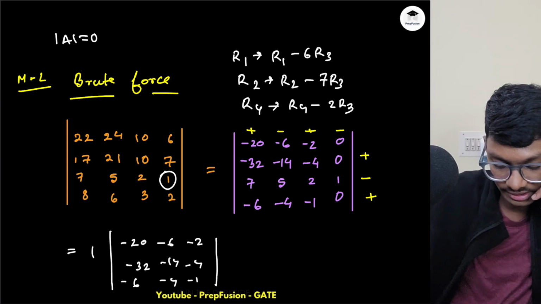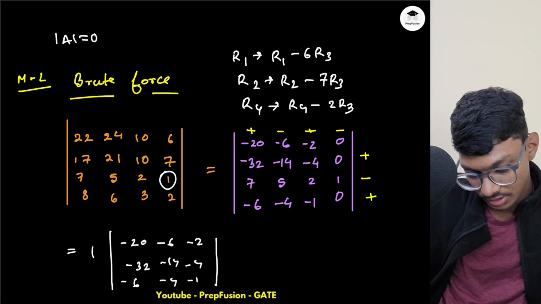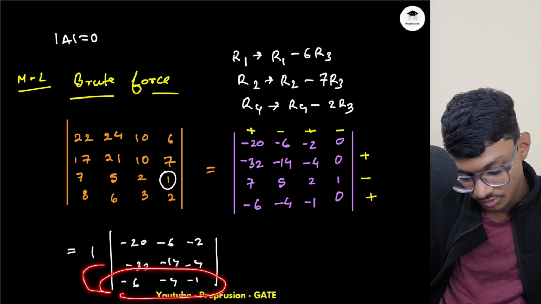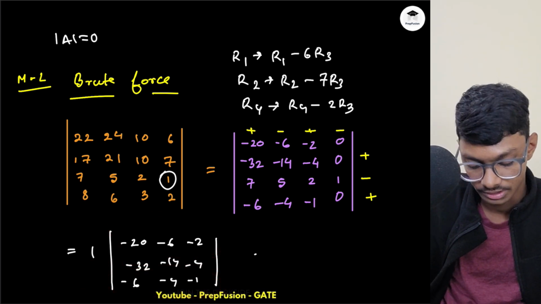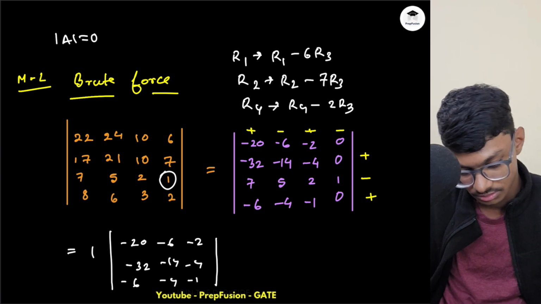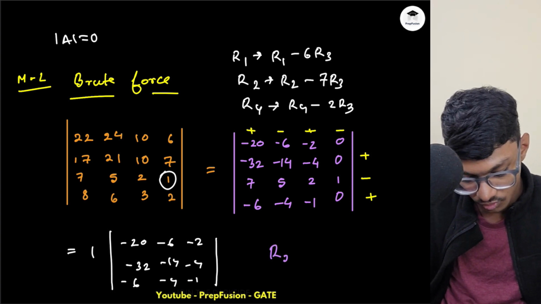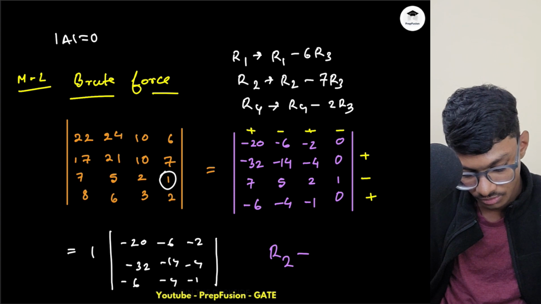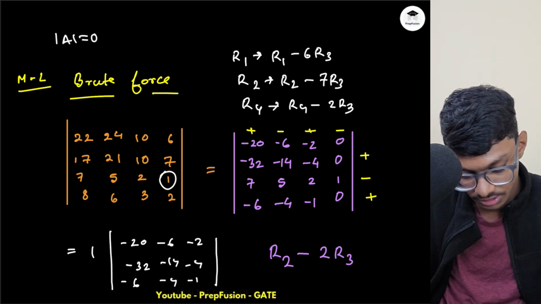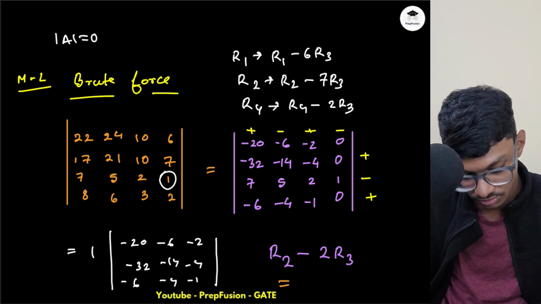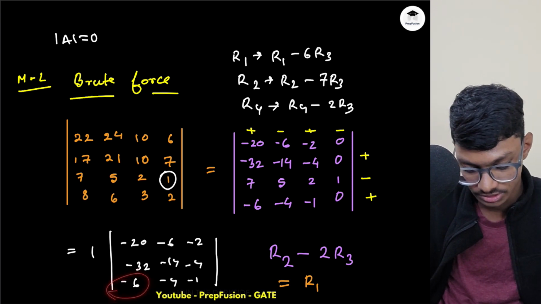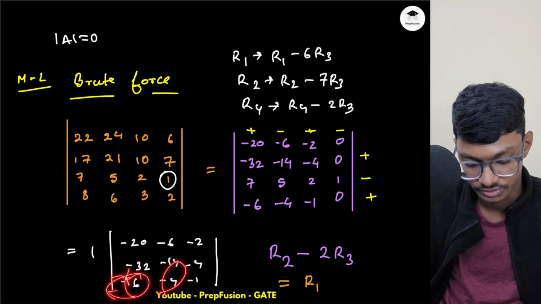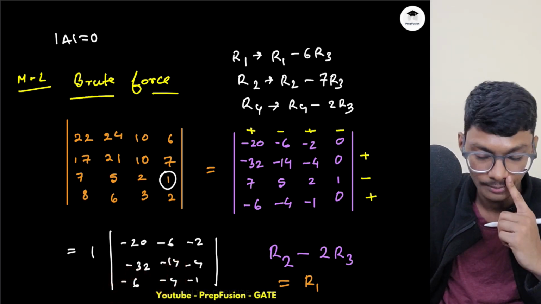Can we find a relationship over here? If I multiply this row by 2 and subtract it from this one, I get the other row. So row 2 minus 2 row 3 is simply equal to row 1. Two times this is minus 12, so you subtract and get minus 20, and similarly minus 6 and minus 2 over here.